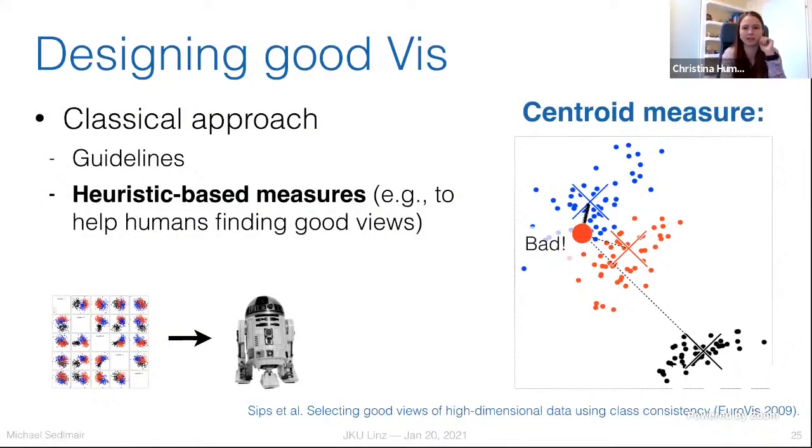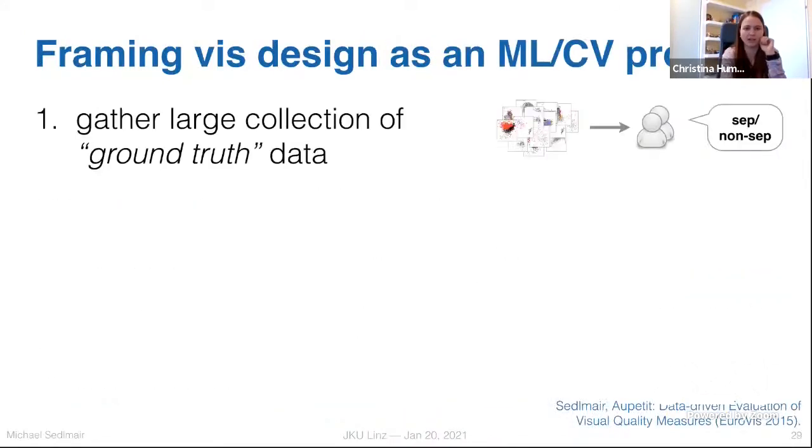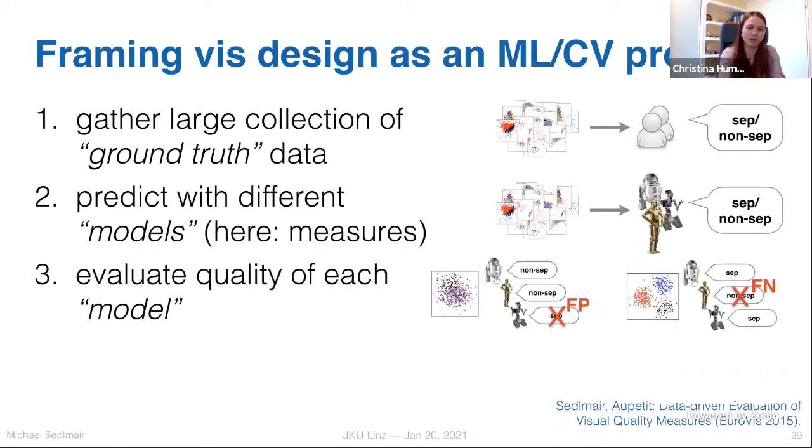And I wanted to ask if you think it would improve the task if you change it to not is it separable or non-separable, but rather if you compare 2 different visualizations and let the user choose which one looks better.